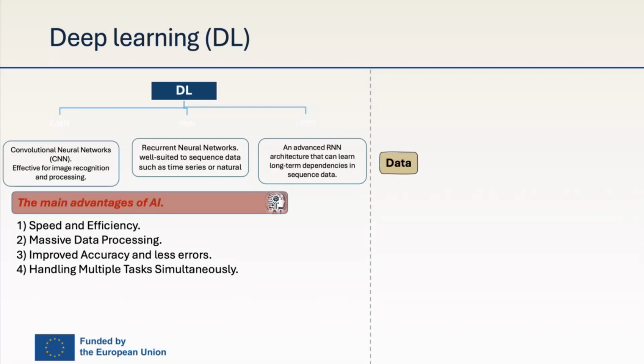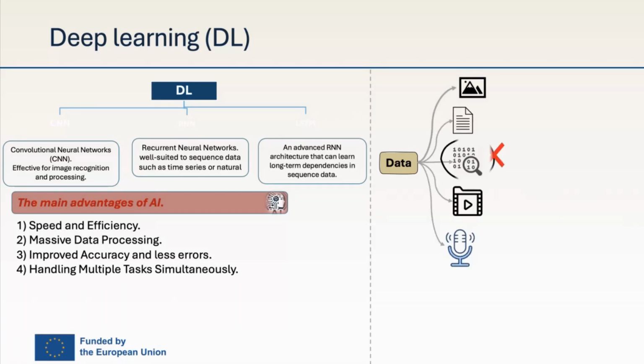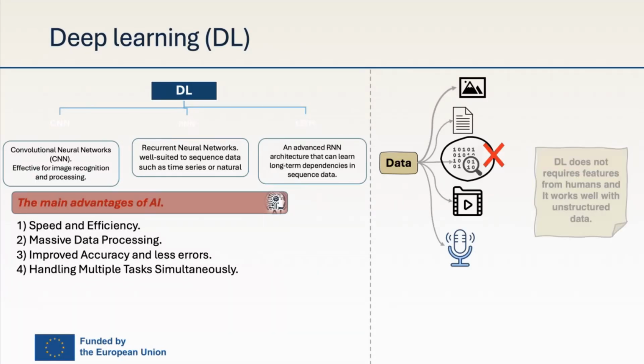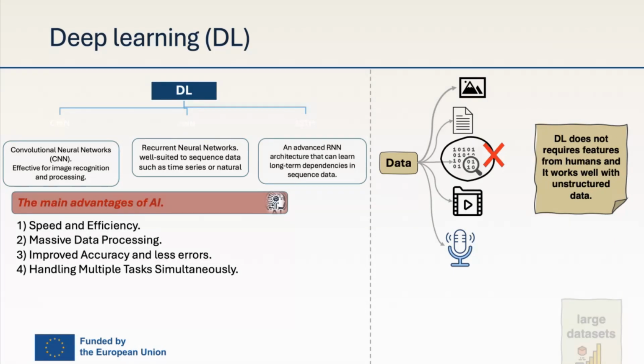And according to the type of data that can be handled in deep learning, we can deal with images, audio and video, but it's not perfect for numerical data.